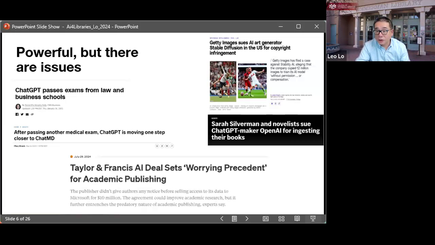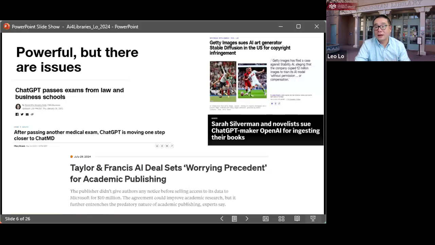A little bit closer to home, you may have seen these headlines recently too. A lot of publishers, even academic publishers, are making deals with tech companies on licensing their content directly to these AI models. So they're basically thinking, don't scrape our content, we'll sell it to you in some ways and make agreements in that capacity.